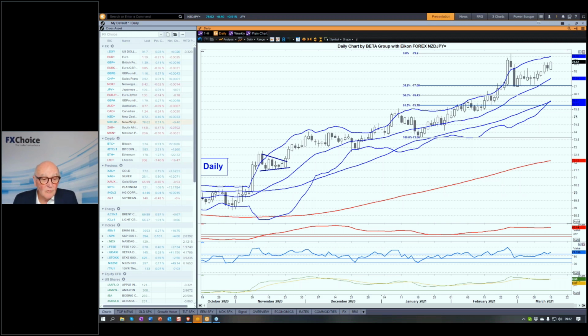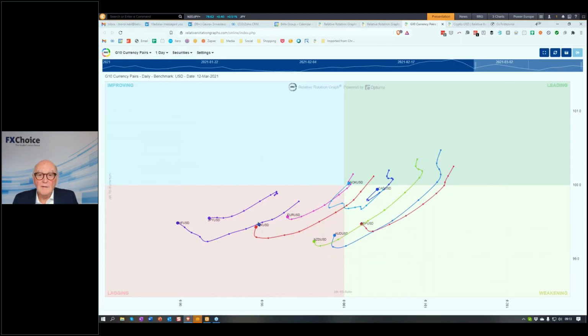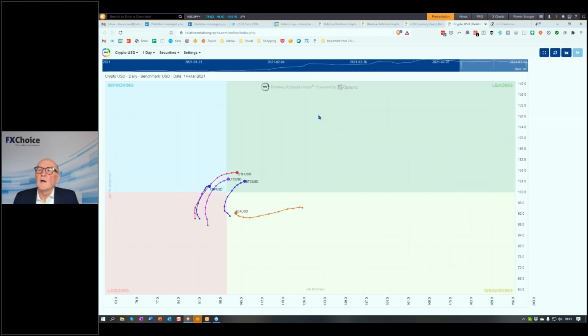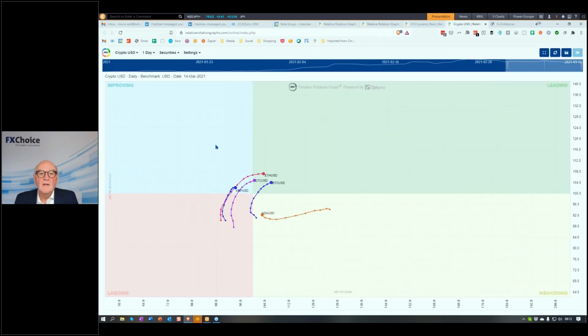Okay, moving now to Bitcoin. For this, I want to again use my RRG chart to look at the cryptocurrencies versus the dollar. So the dollar is in the middle here, and I don't know why I've got ADA on there.